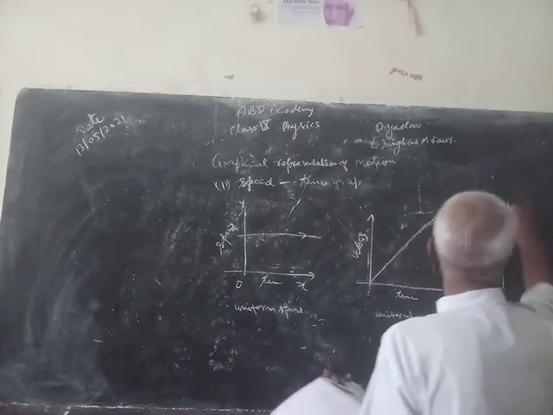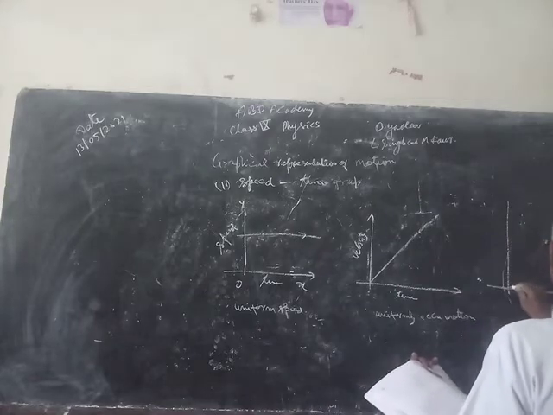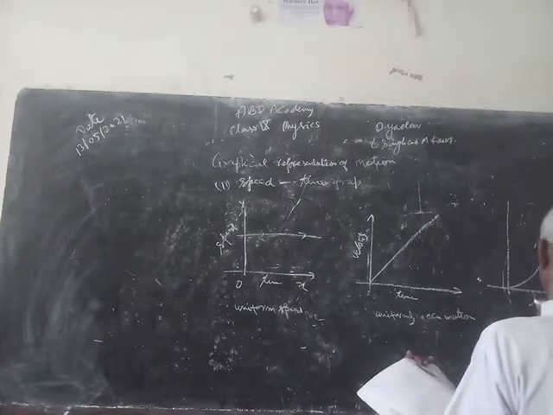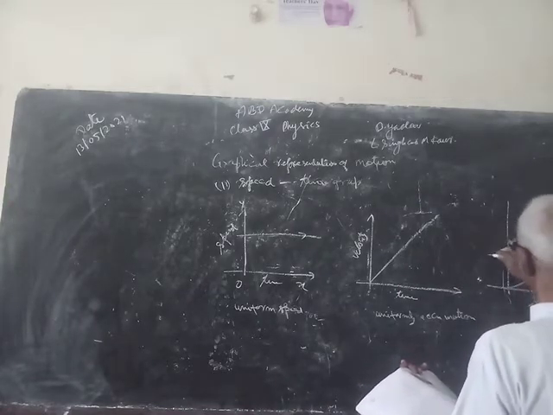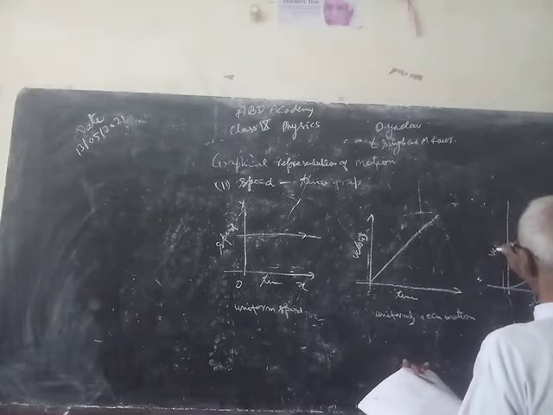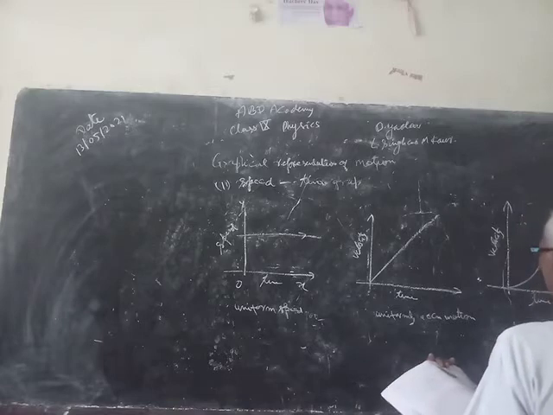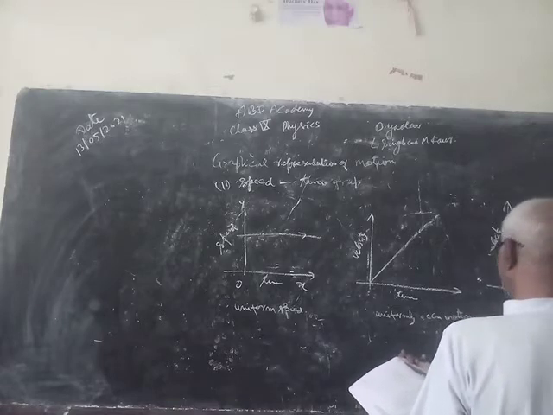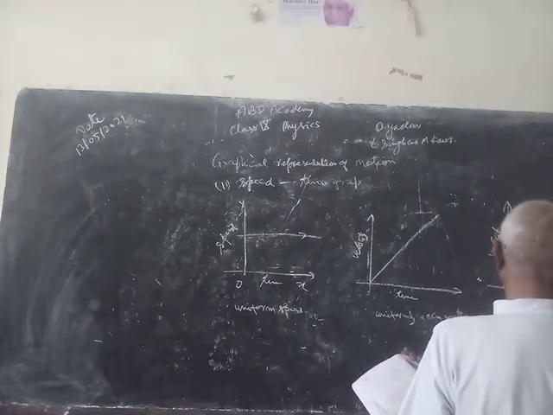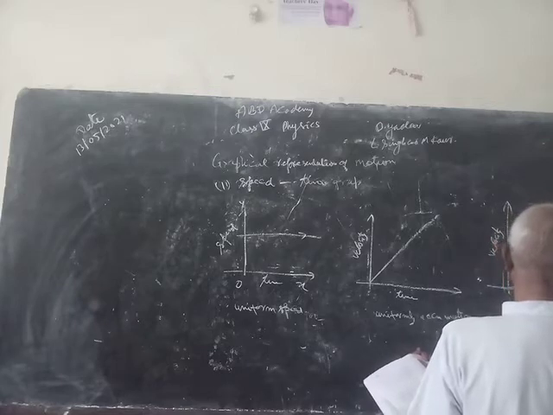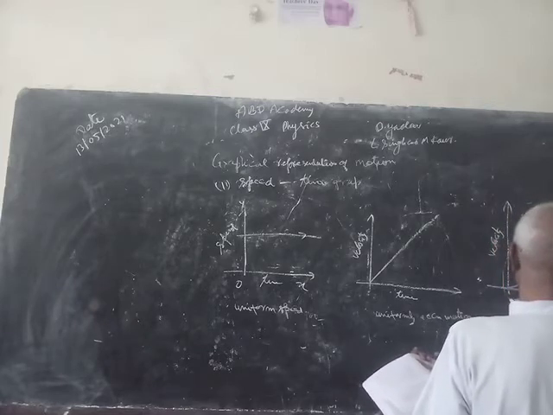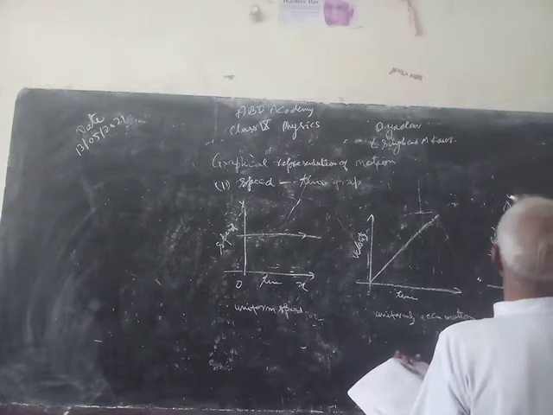And if it is a curvilinear graph, here is the time axis, here is velocity, it shows a non-uniformly accelerated motion.